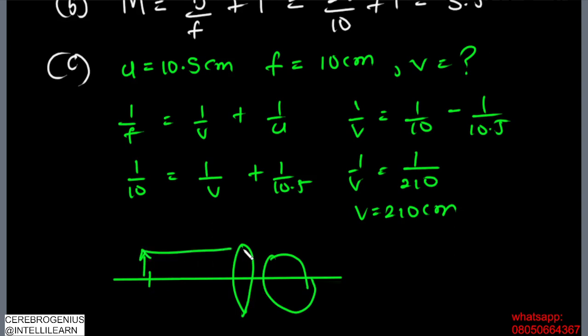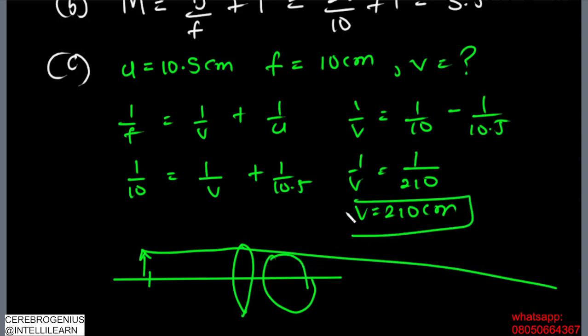It forms an image very far away behind. How will you be able to see it? You can only see virtual images through lenses. You can't see a real image. So the image has to be virtual, which means it has to be formed on the same side as the object.